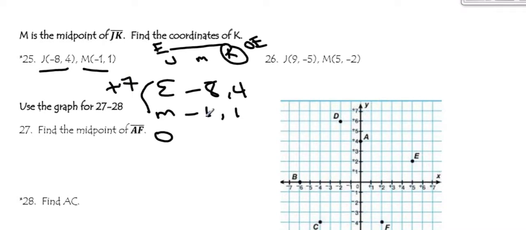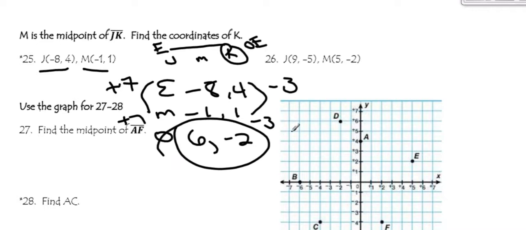So now we need to take our negative 1 and go up by 7 from negative 1. So negative 1 plus 7 is a positive 6. And then for our y values, how do we get from 4 to 1? Well, we're subtracting. 4 becomes 1 by subtracting 3. So 1 minus 3 gives us a negative 2. So our other endpoint is 6, negative 2.